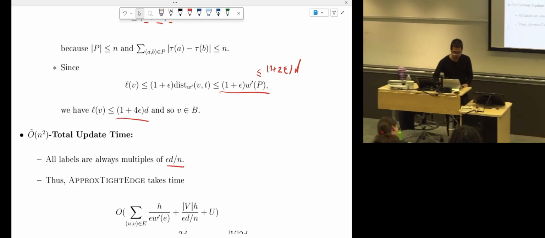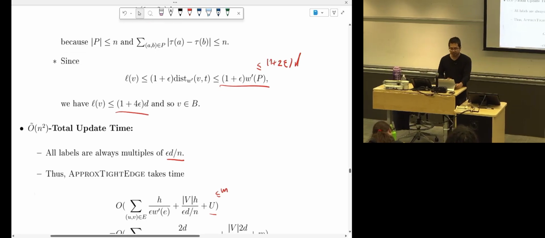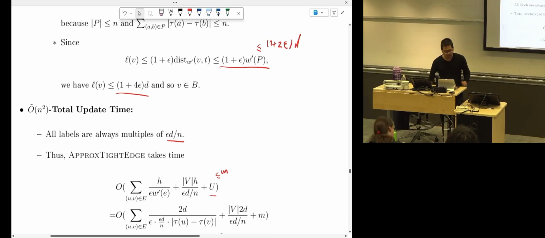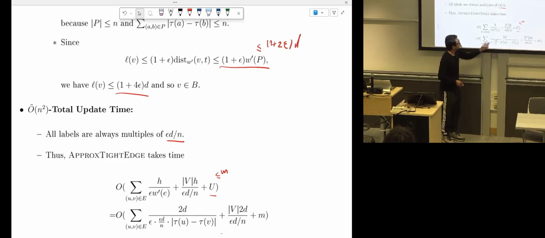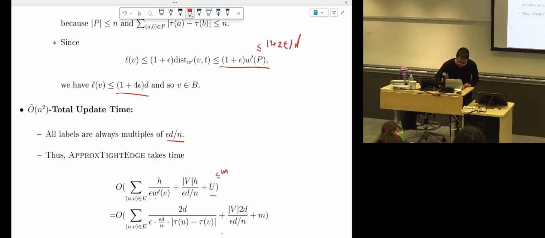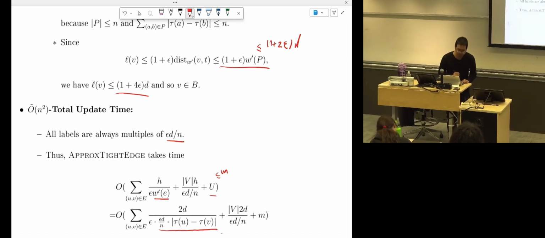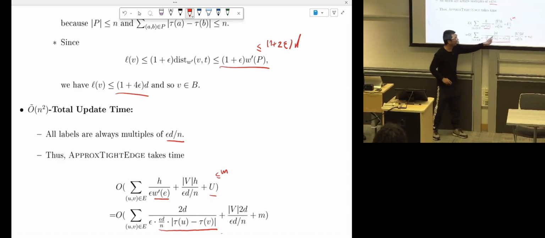And we have U here is at most M, because we only delete. But now we can analyze. The weight here is lower bounded by this much, because for every edge, we increase it by this much.